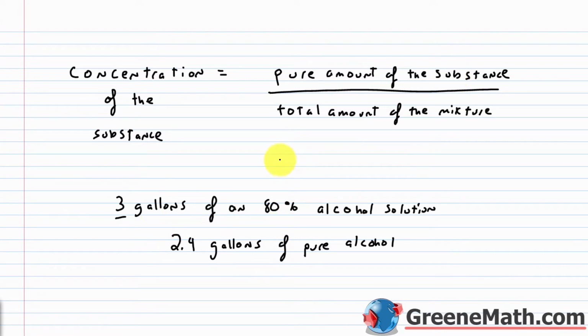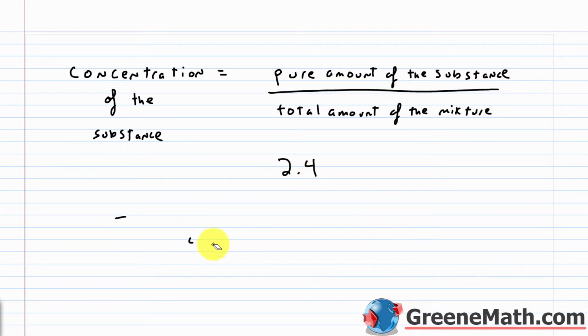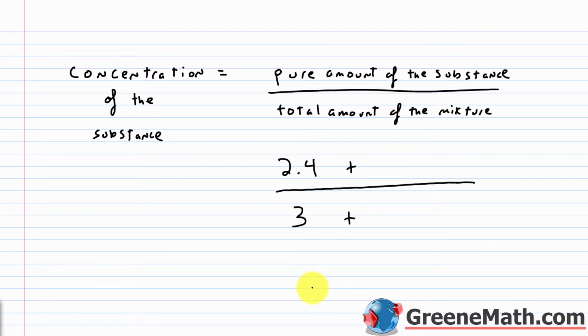So when we think about the pure amount of the substance, I'll have 2.4 going in there. Let me erase this real quick, and I'm going to put my fraction bar. And then in here, total amount of the mixture, I know this came from a 3-gallon mixture. Now I'm going to add to this. Remember, we had another part. We were mixing this with 4 gallons of a 52% alcohol solution.